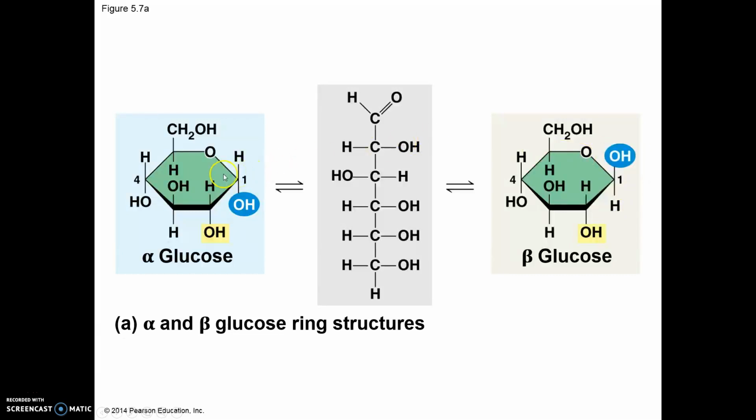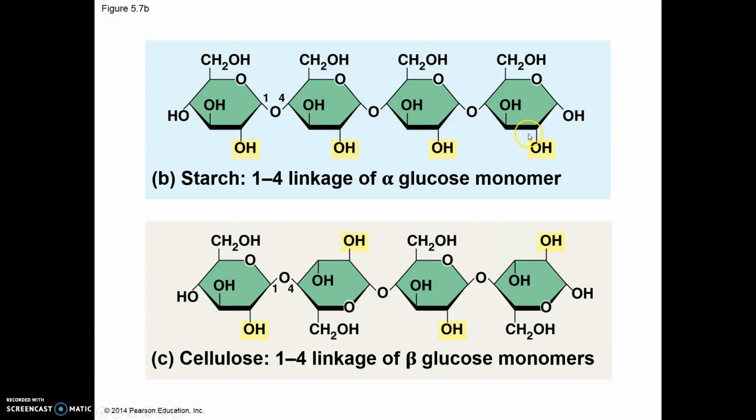It just so happens that we and potatoes are looking for this. Plants producing cellulose for their cell walls are looking for this, right? They look different to the enzymes. Consequently, when we look at these chains, it has a structural significance.